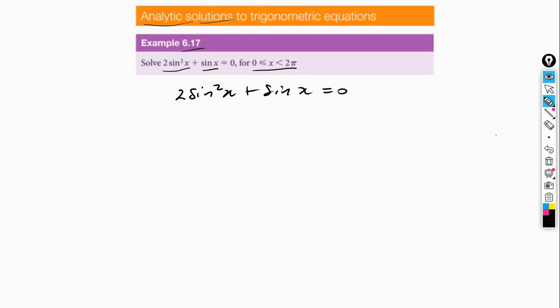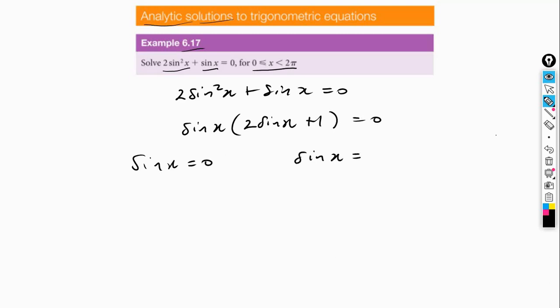So here you always want to factor out. So it's going to be sine of x times 2 times sine of x plus 1 is equal to 0. So this particular equation would have two solutions. One would be sine of x equals 0, and the other one is sine of x equals negative 1/2.